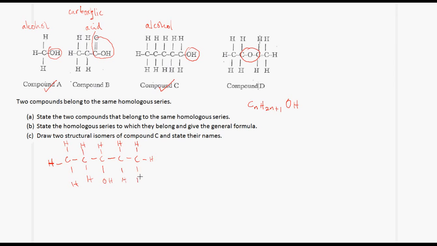So this is one isomer, and we can draw another one. And what we can do is probably shift one of the carbon atoms.